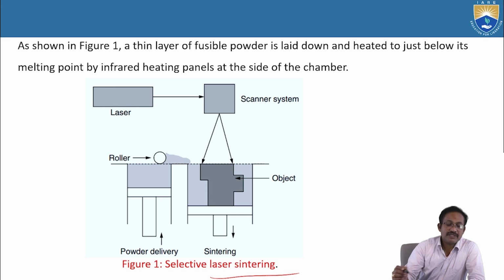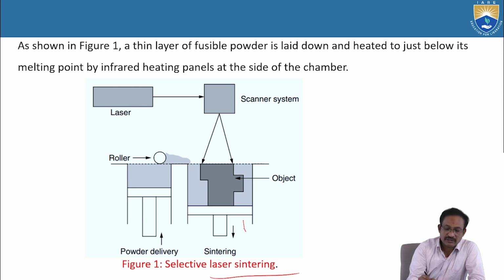From this piston cylinder arrangement, the powder will be supplied, and a roller rolls over the powder delivery system so that it adds a layer on the previous layer of the object in sintering. The powder delivery is constantly added, and the roller rolls that amount onto the object.